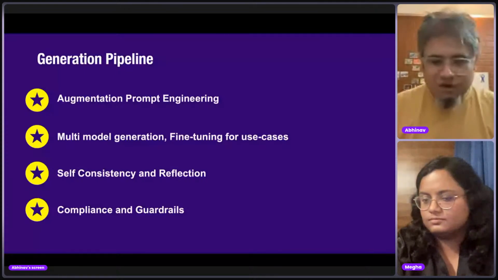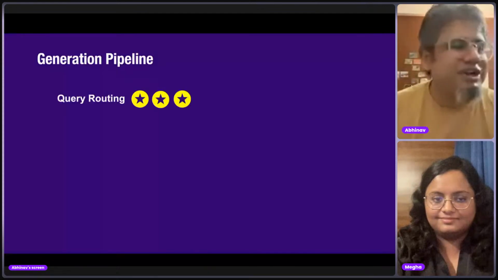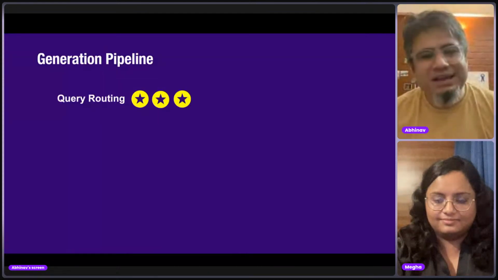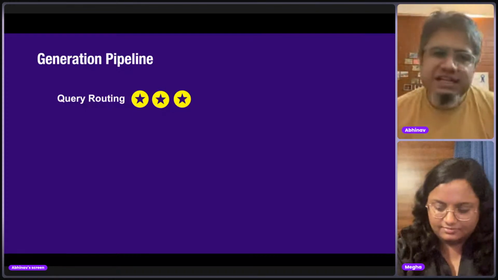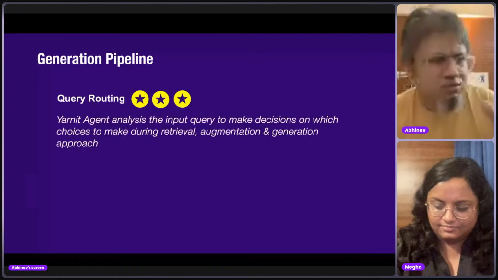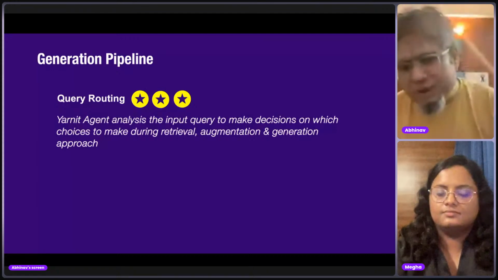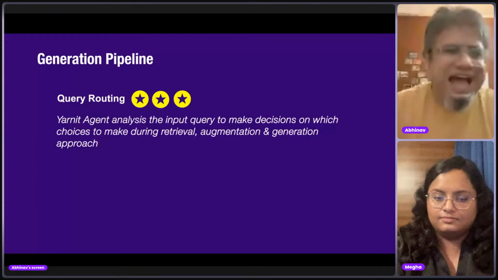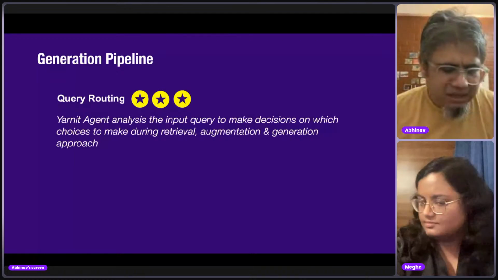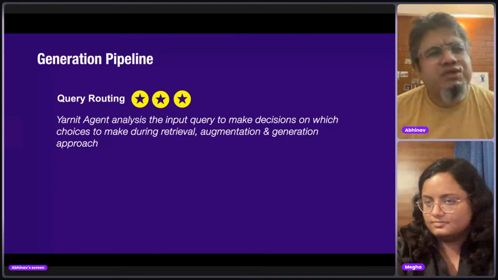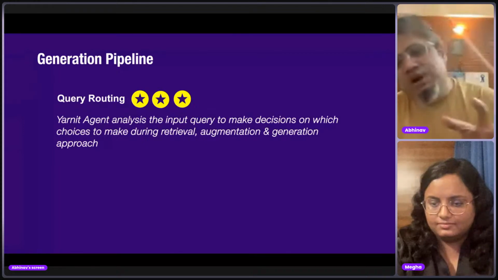But the hero in my eyes, or the most important piece of the generation pipeline, is a RAG agent. And one part of that RAG agent is query routing. What does that mean? If I'm generating a blog for a healthcare company versus a social media ad for a retail company, it's not intuitive to think that both of them will follow the same process. And that's exactly what the routing agent at Yarnit does.